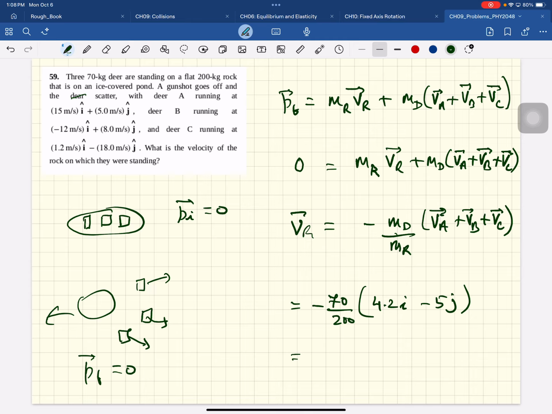Why isn't it 3 times 70? Because there's 3 deer, yeah.